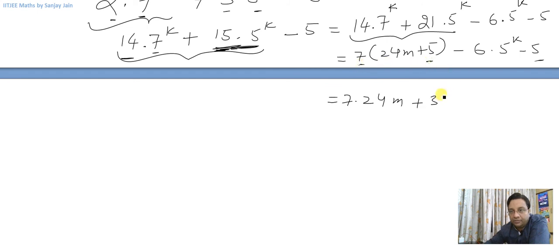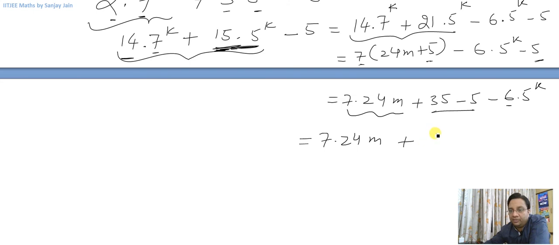So 7 into 5 is 35, and then this minus 5 is there, minus 6 into 5 raised to power k. This is a multiple of 24, so I don't have to disturb this and let it be like this. This is 30, this is 6 into 5 raised to power k. So if I take 6 as common, this will be 5 minus 5 raised to power k. Now see, this expression has got two terms, one of which is divisible by 24.